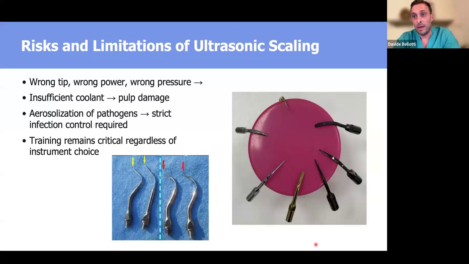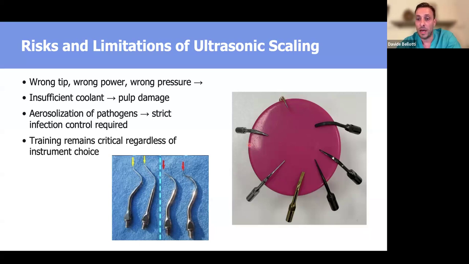The black ones are the ones that I use with my piezoelectric unit. It's a unit where I can set the power, so I'll set it to a very low power. Then I have many different tips. We have the classic beaver tail, or a very thin one, and in this case also a special tip that has an abrasive area that helps to smooth the cementum better.